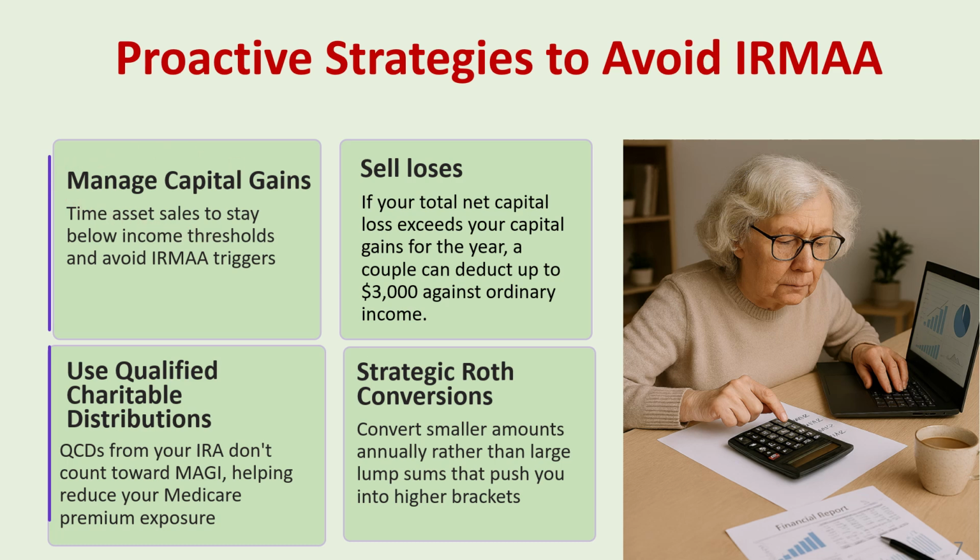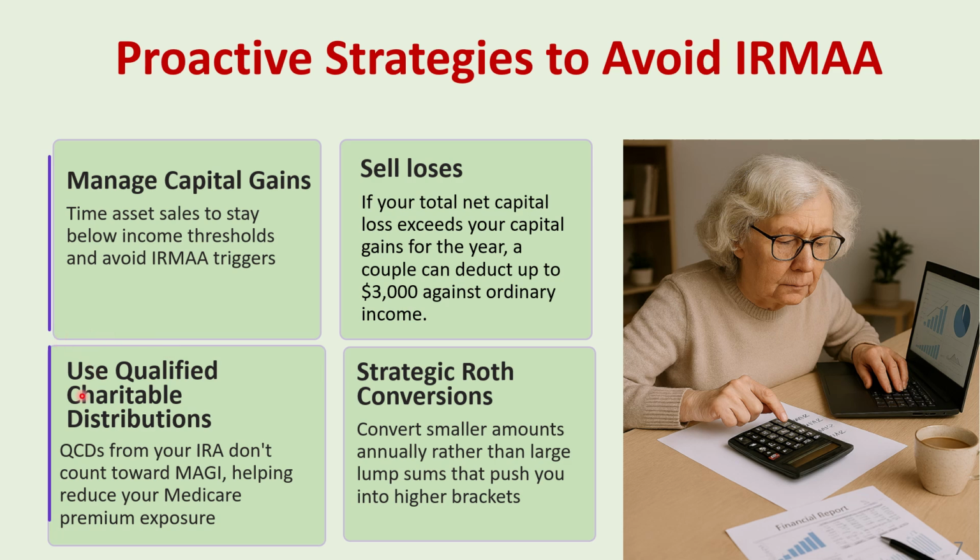A large one-time spike in income from selling appreciated assets or completing a large conversion in a single year can easily push you into the higher IRMAA bracket 2 years later. You need to spread these transitions out over multiple years to smooth your income.